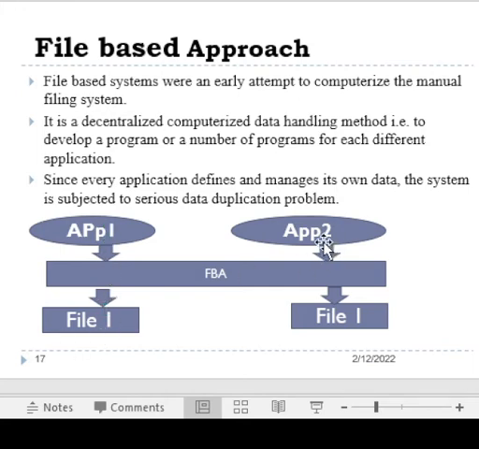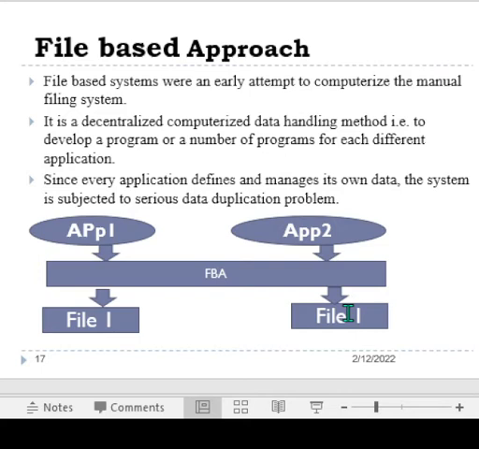Again, academic needs to store some student files, so app2 stores the Ababe Faisa file again in another way. So app1 and app2 are redundant. It is only a duplication of data.